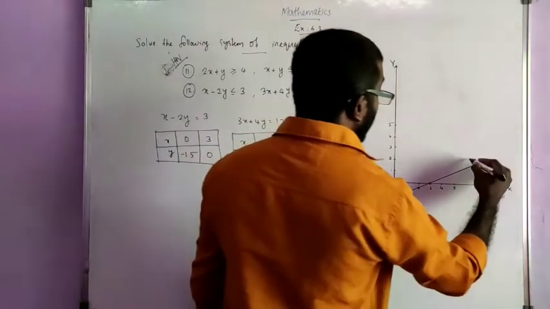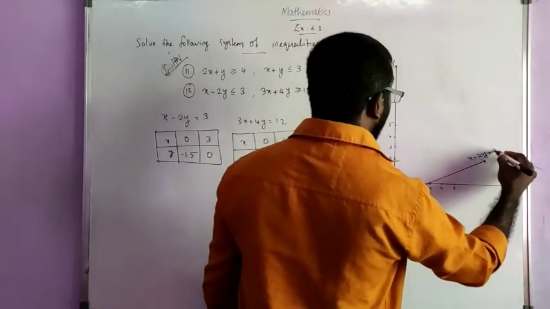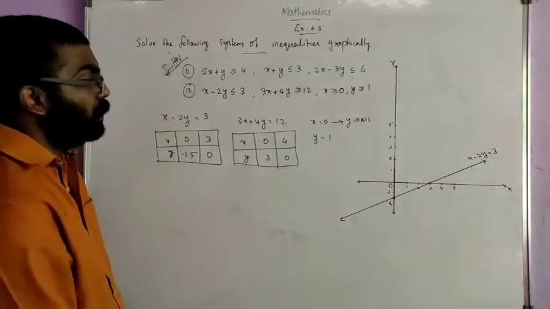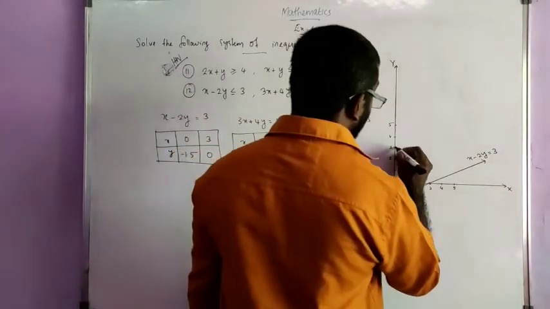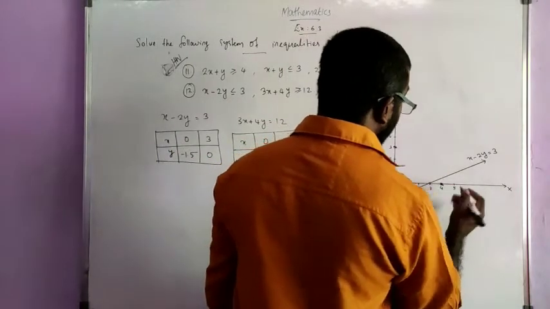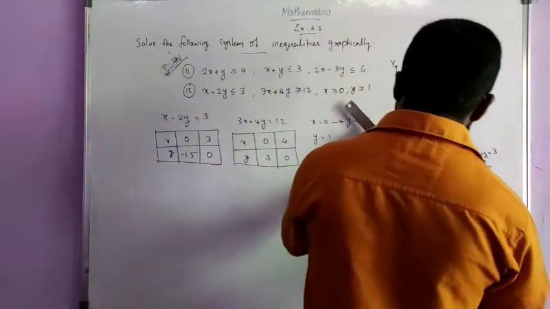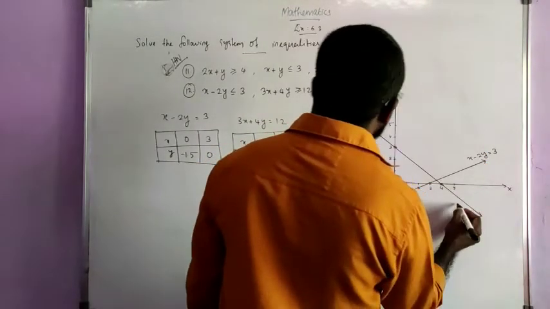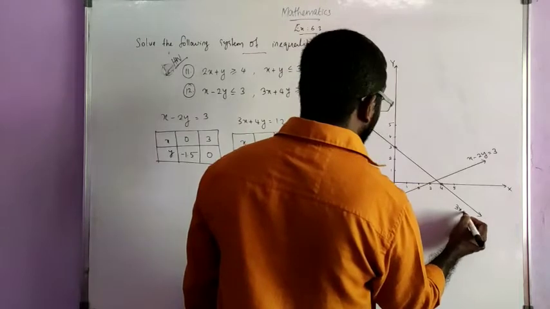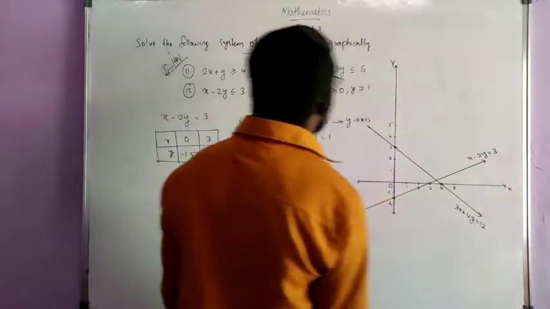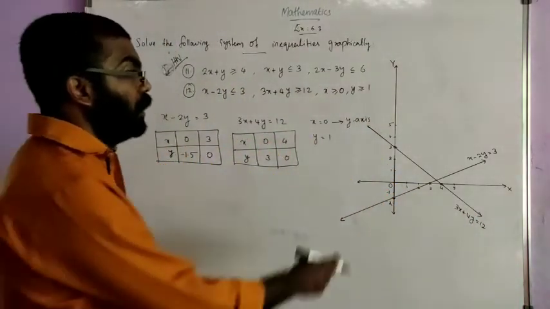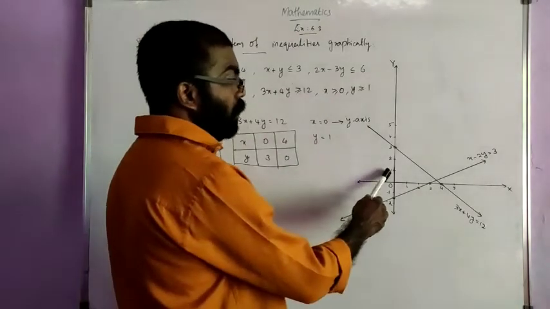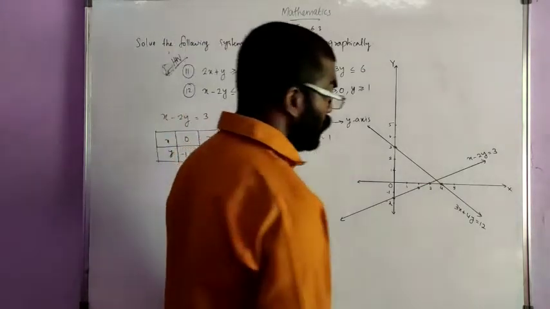So this is x minus 2y is equal to 3. Now 3x plus 4y is equal to 12. 0, 3, 4, 0. Then also we can join. Here we can write 3x plus 4y is equal to 12. Now x equal to 0, that is y axis. Next is y is equal to 1. So through this number 1 we have to draw a line parallel to x axis.